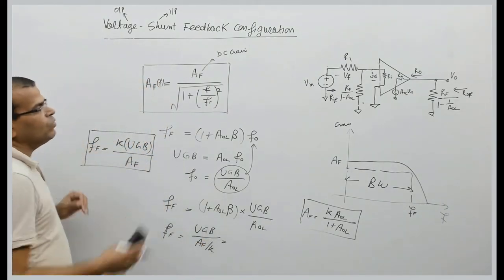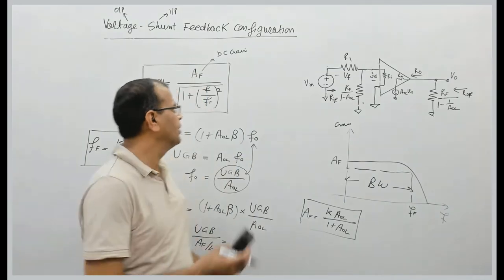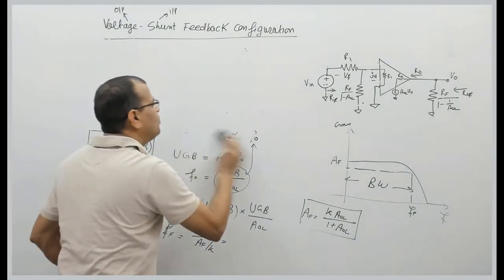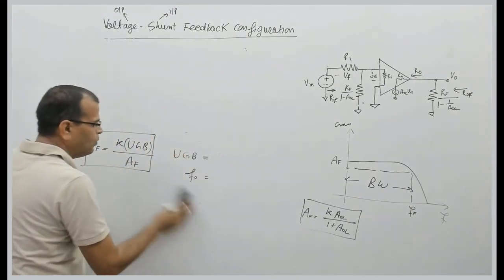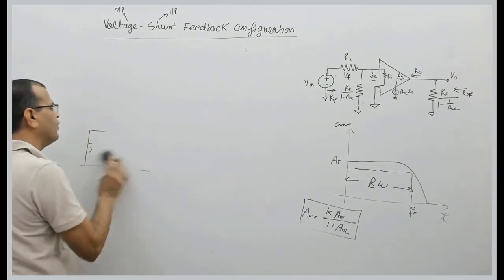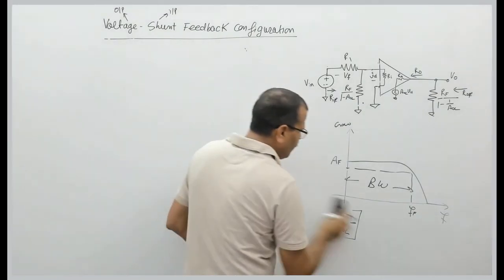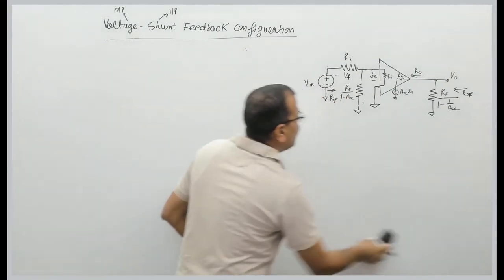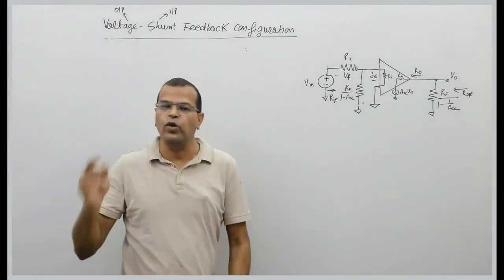So this is all about the frequency response of inverting configuration. And there is a small topic here, that is the output offset voltage of inverting configuration. The output offset voltage of inverting configuration is exactly similar to that of non-inverting configuration. The output offset voltage for open loop configuration is always equal to saturation voltage.